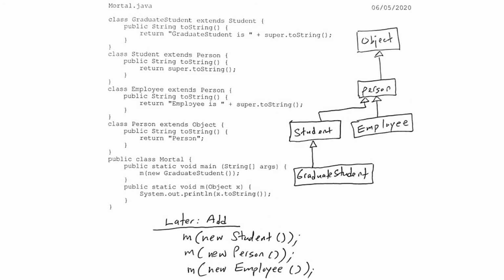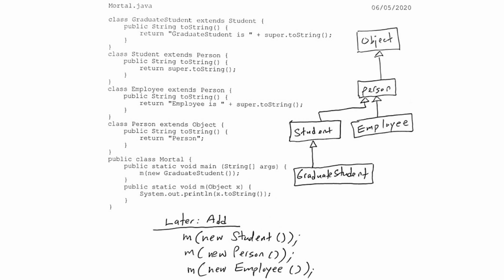The same thing happens when the compiler goes to the toString method in class student. It turns out the content is to return the content of the toString method in the superclass of student, which is person. Now, the compiler will go to class person. There is one toString method there which will return a string named person.